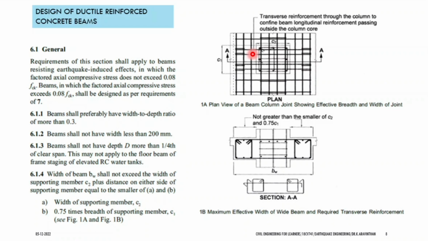How to increase ductility in dimensions? These three points give you dimension clarity: width of the supporting member C2 and 0.75 times breadth of the supporting member C1. So this distance should be totally 2.5 feet if you have a 1 feet column.